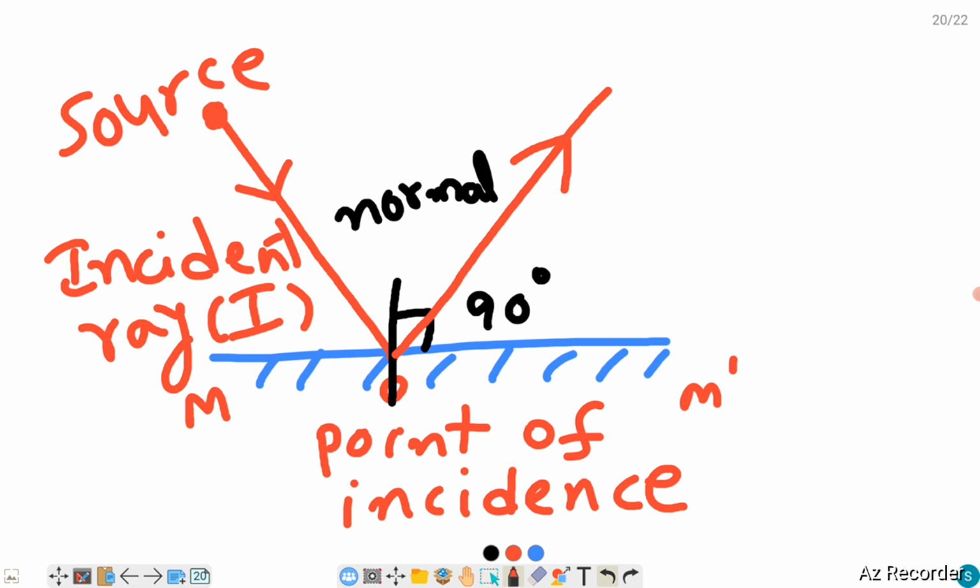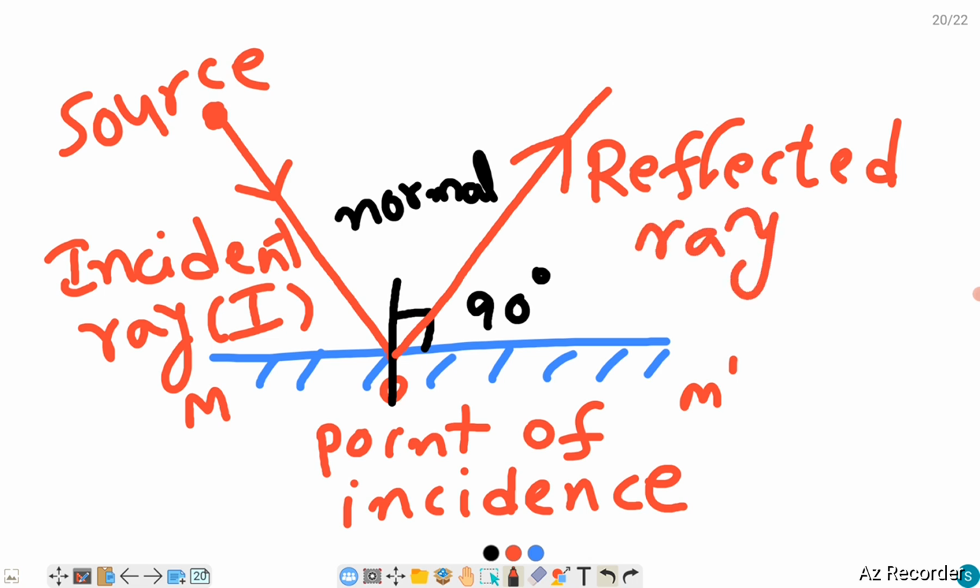So arrow mark you have to show outwards, and this ray is called as reflected ray and the symbol is R. Now for normal it is N. If you measure the angle between incident ray and normal, this angle is called as angle of incidence, small i, and between normal and the reflected ray, this is called as angle of reflection, small r.